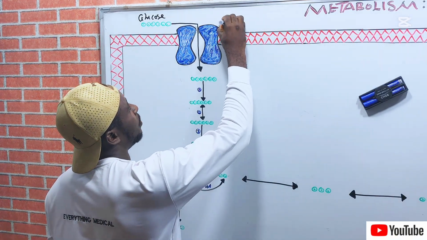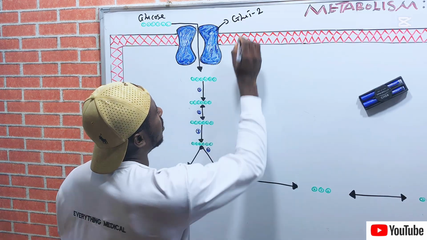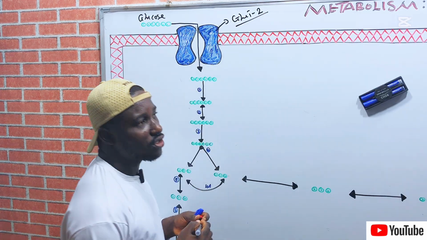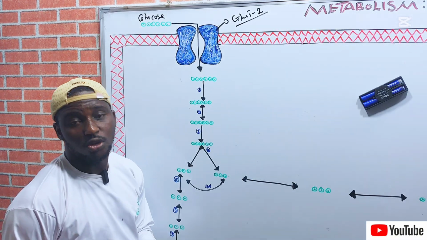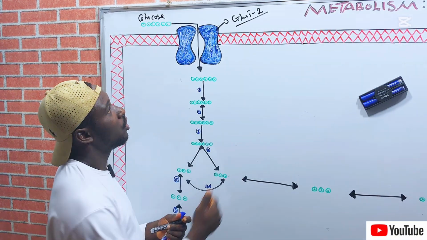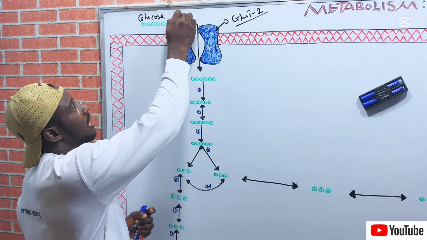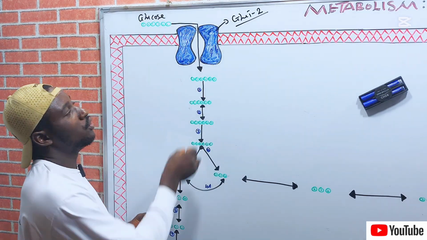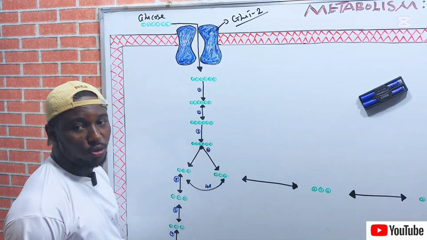The transporter is GLUT2. This GLUT2 transporter is not under the influence of insulin, and it transports glucose to the liver cell, from the extracellular environment to the intracellular environment, which is the cell cytoplasm.